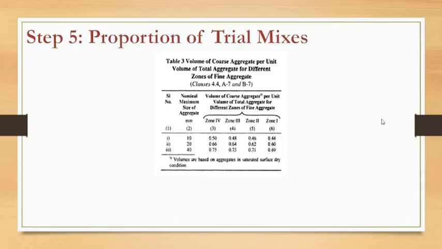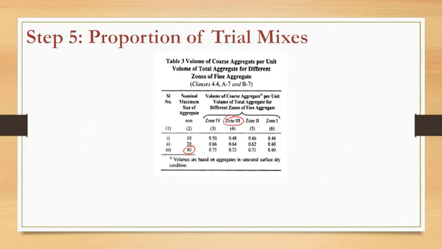So the next step is the proportion of trial mixes, which we get from Table 3 of IS 10262-2009. Here, corresponding to the size of the aggregate, we get the volume of coarse aggregate per unit volume of total aggregate for each zone of sand. In the question, size of aggregate is given as 40 mm and our sand zone is zone 3.